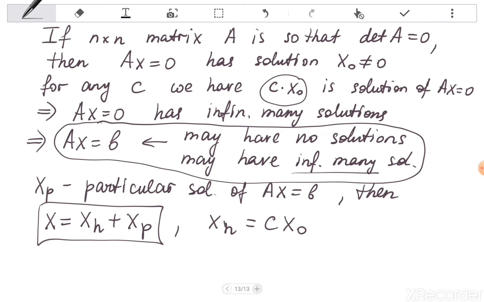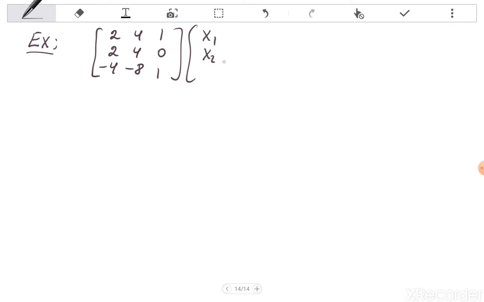Let me show you on an example how this works. For example, let's look at a system with matrix 2, 4, 1; 2, 4, 0; minus 4, minus 8, 1, times x1, x2, x3, and this is equal to, let's say, 8, 6, minus 10.